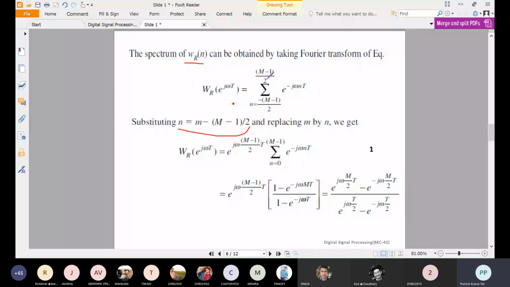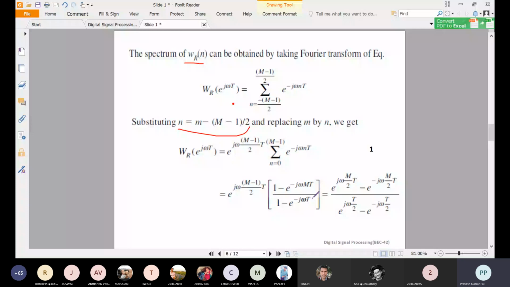After substituting all this, the frequency response will be given by this function, where e to the power j (M minus 1)/2 into T will be taken outside, and the sum will range from n equals 0 to M minus 1 of e to the power j omega n T. After solving this, finally we will get this function.